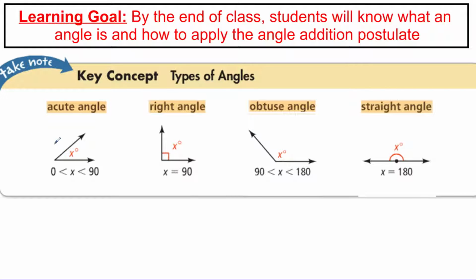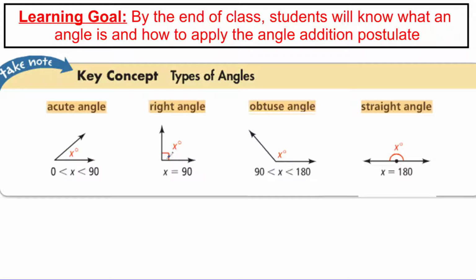Okay, so here are some key types of angles, things that you've probably seen in the past, with the exception of the last one. We can classify angles as either acute, right, obtuse, or straight. Every angle will fit into one of these 4 categories. So if the angle is between 0 and 90 degrees, but not 0 degrees and not 90 degrees, we call it an acute angle. So let's say smaller than 90 degrees.